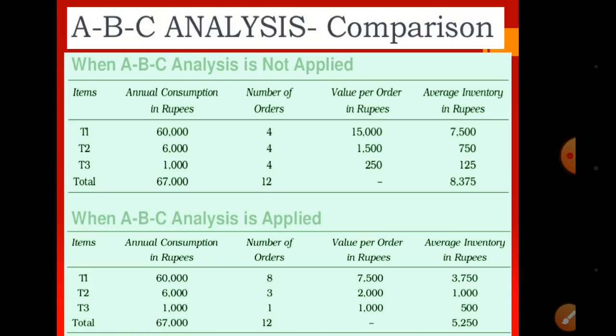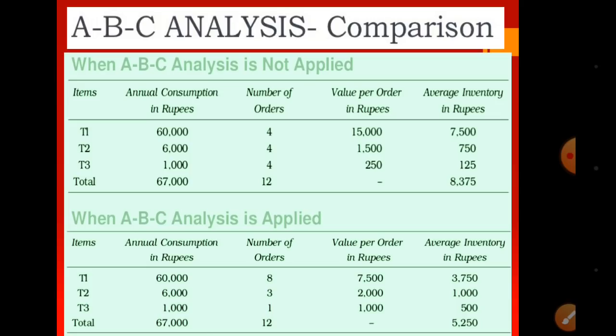Now, ABC analysis comparison. We can see that when ABC analysis is not applied, suppose the items are T1, T2 and T3, the annual consumption in rupees: the annual consumption of T1 is 60,000, the annual consumption of T2 is 6,000, and the annual consumption of T3 is 1,000.